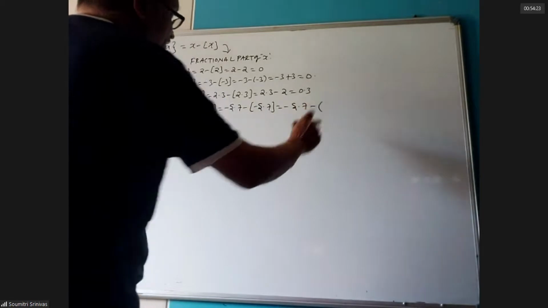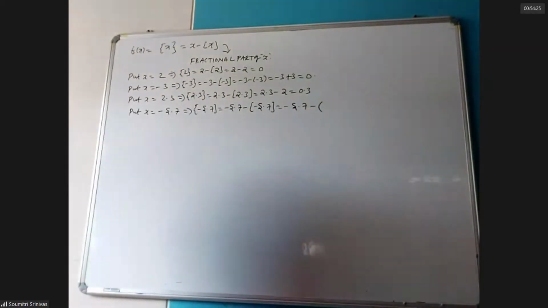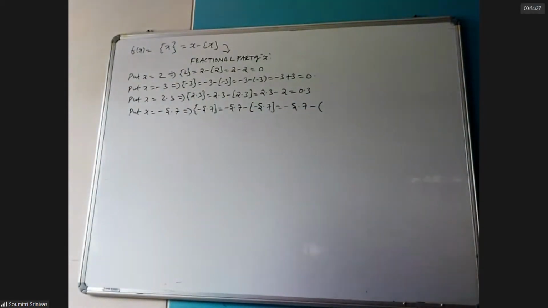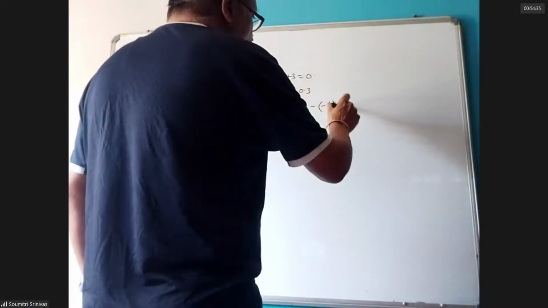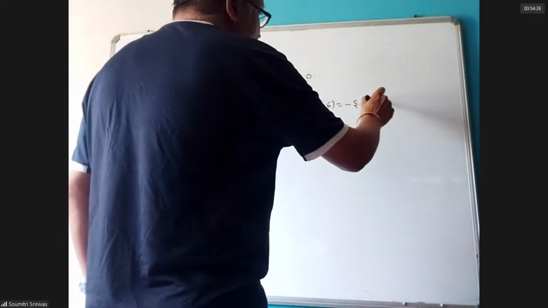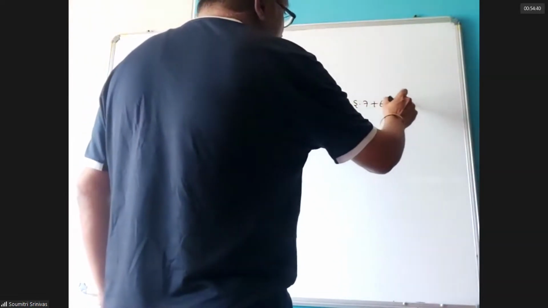What is step of minus 5.7? Minus 6. Therefore, minus 5.7 plus 6. What does it give you?